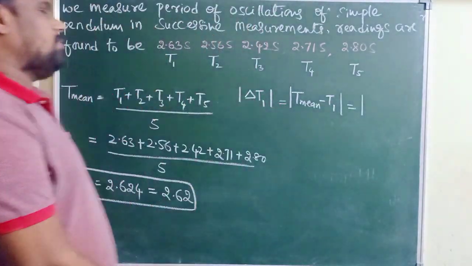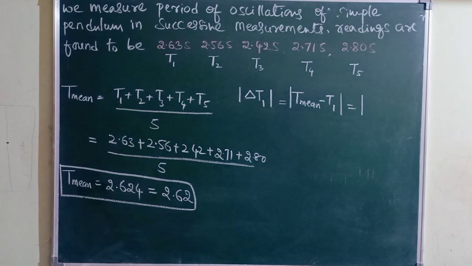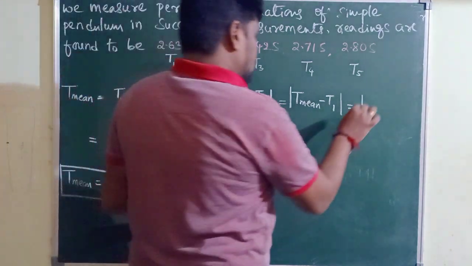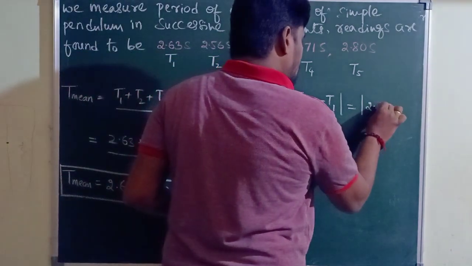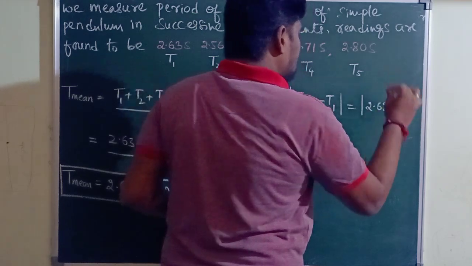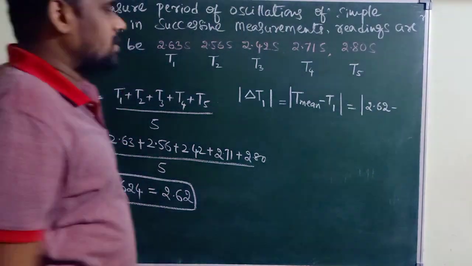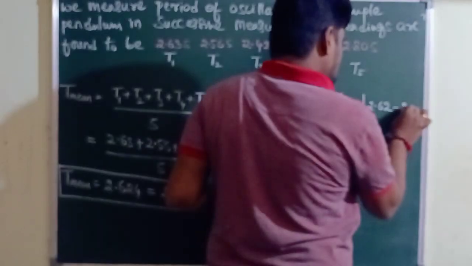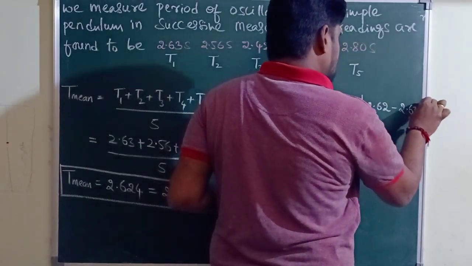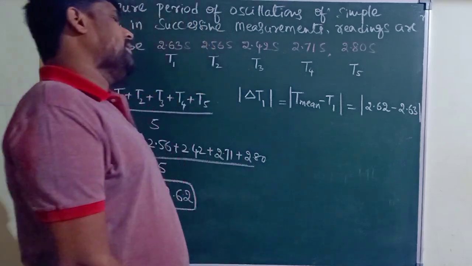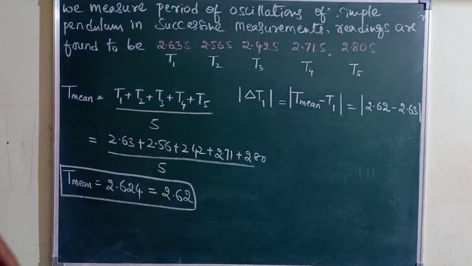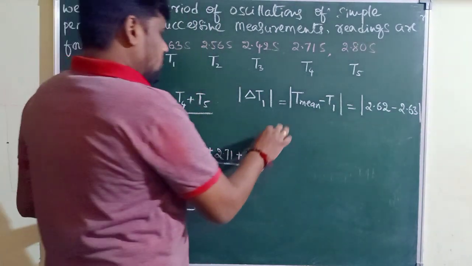How much is the T mean? 2.62. 2.62 minus T1, which is 2.63. How much is the value?